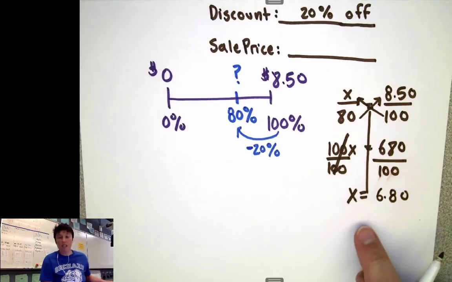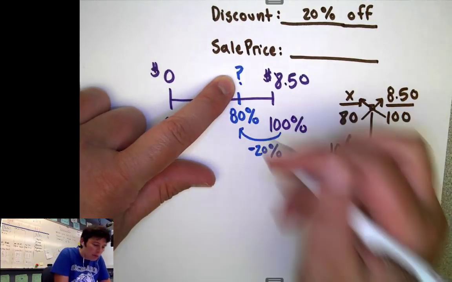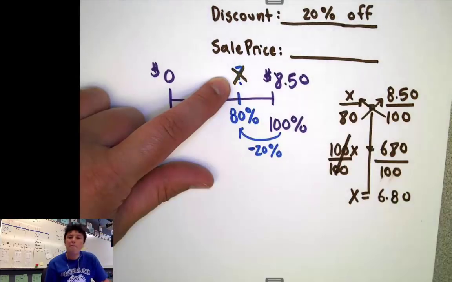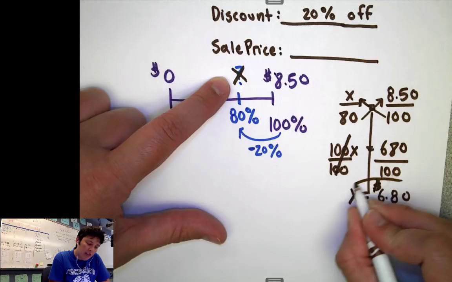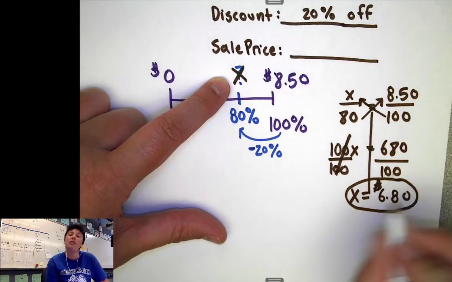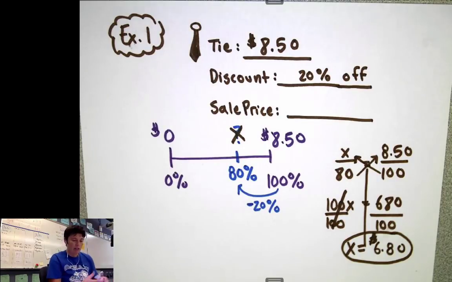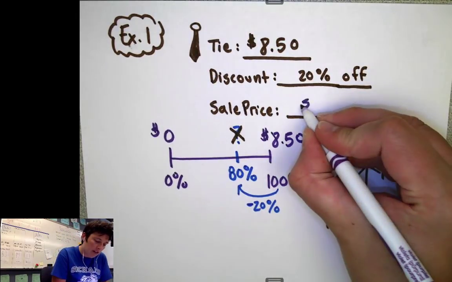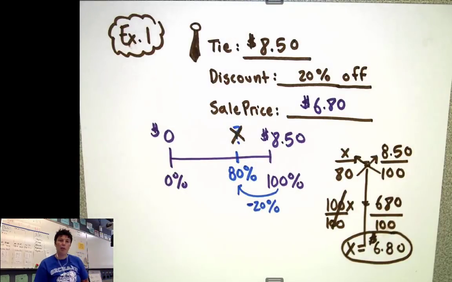X is equal to $6.80, which is what goes right here. This was x. This is what we just solved for. So the answer is, because of the sale, I only have to spend $6.80 instead of the full price. So what I'm going to do up here is I'm going to write $6.80 as my answer. And that's a discount problem.